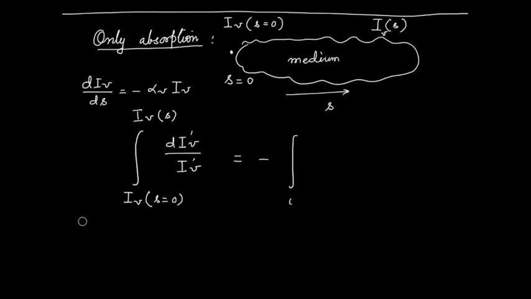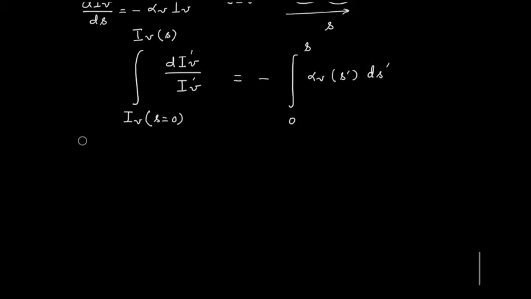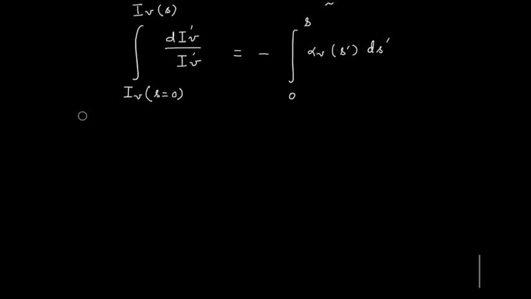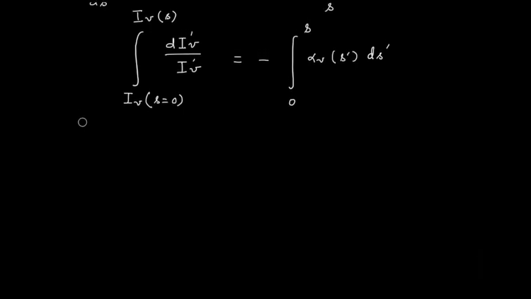So I should have primes here. On the right hand side, I have minus the integral from 0 to s of alpha nu, and customarily written with primes inside, ds prime. So what will you get once you do the integral?